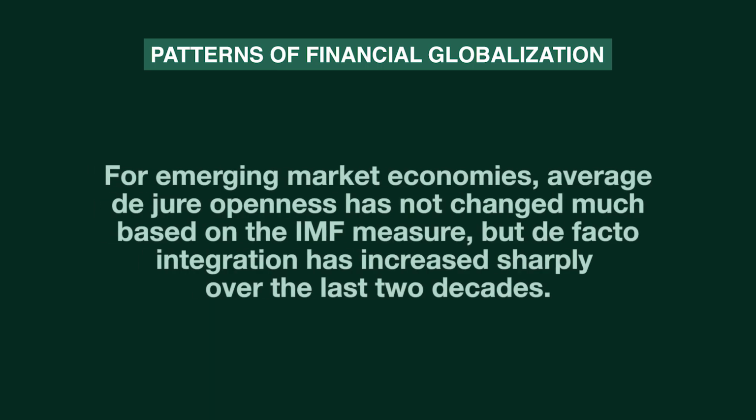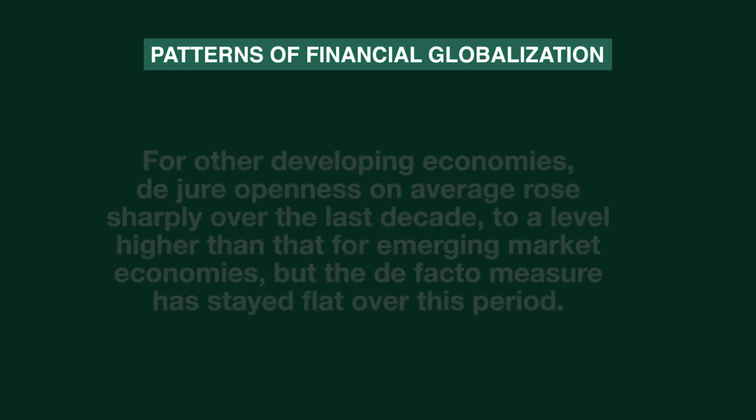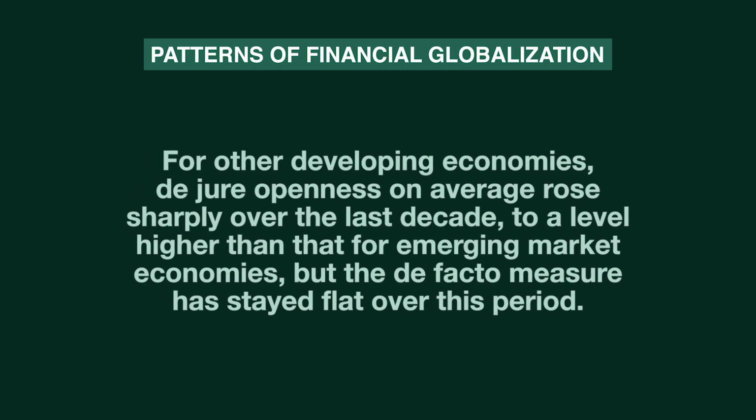For emerging market economies, average de jure openness has not changed much based on the IMF measure, but de facto integration has increased sharply over the last 2 decades. For other developing economies, de jure openness on average rose sharply to a level higher than that for the emerging market economies, but the de facto measure has stayed flat over this period.